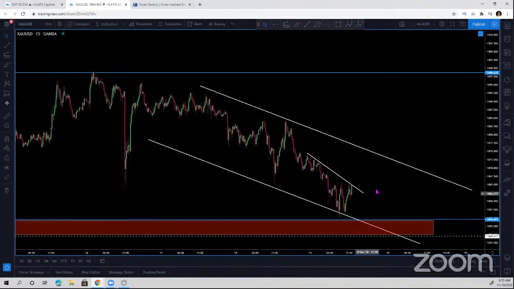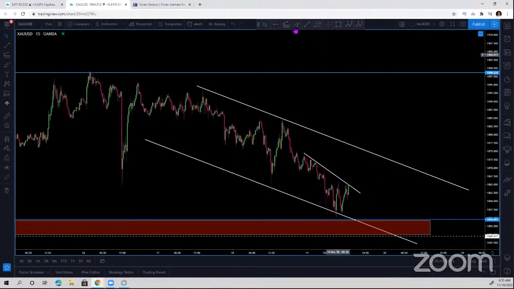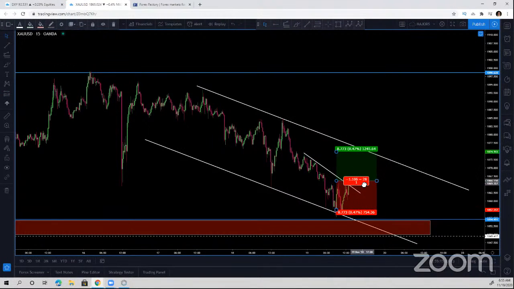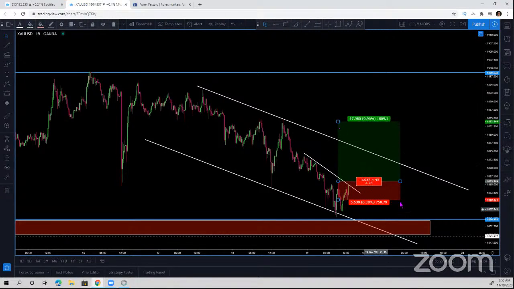Well, we're getting a breakout here in gold. We are getting that breakout in gold, and short term, this could be quite interesting. Also, if we look at a day trade, this might work as a day trade, right?